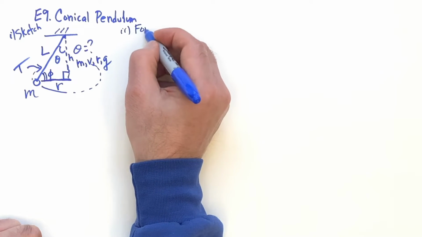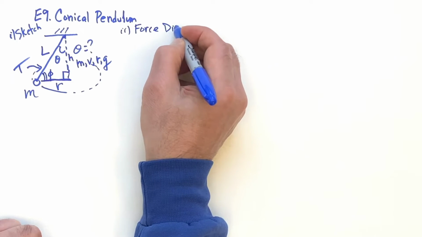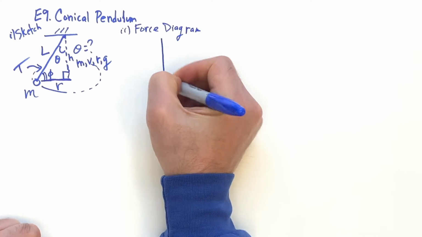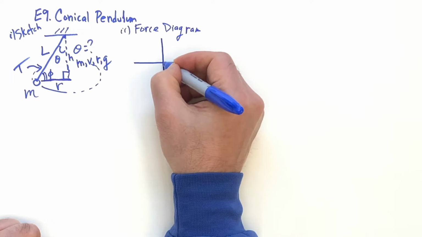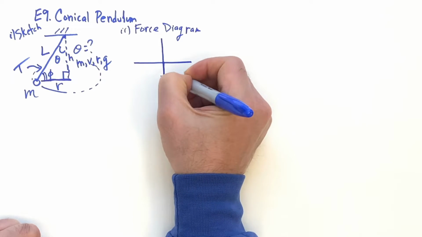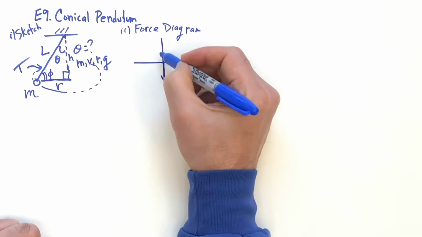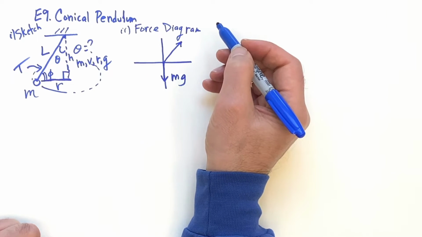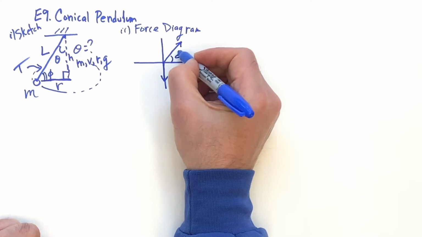So for the force diagram, we have mg going down, and we have some slant for the tension T, and this here is going to be the angle phi.